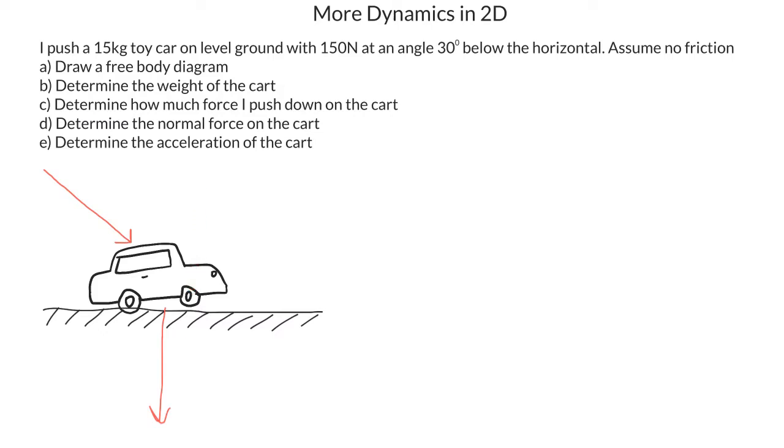But what I hope you can recognize here, is that the normal force is not going to be the same size as Fg right now. Fg is a certain value, but I am also pushing down somewhat on this car. And so I have to have a normal force that is going to resist both this and me pushing down. So this normal force that I'm going to draw is going to be bigger than gravity.